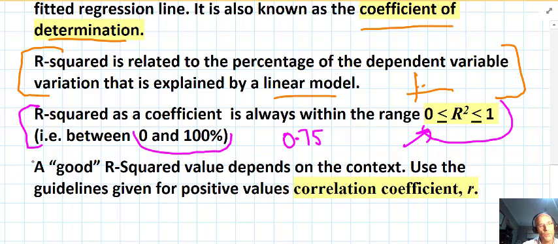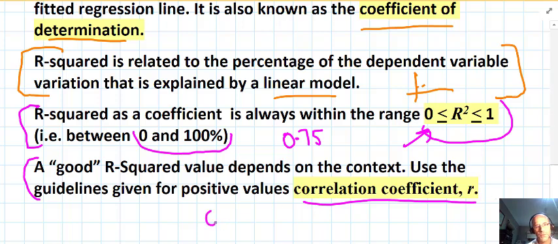So what's a good one for an R-squared? It does depend a lot on the context. It depends whether you're looking at humanities or a scientific type study or whatever. But as a rule of thumb, another guideline, just use those values that I just showed you with lowercase r a moment ago.